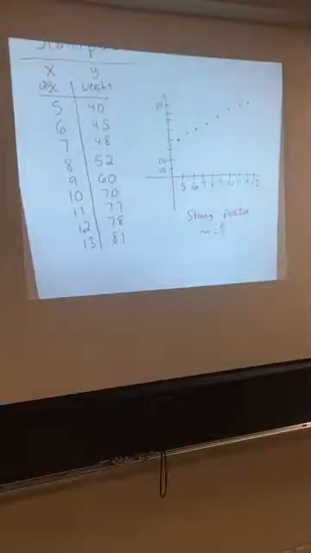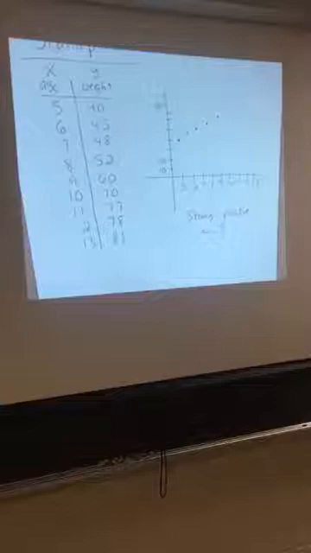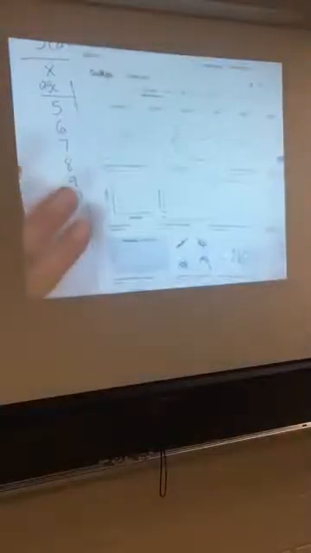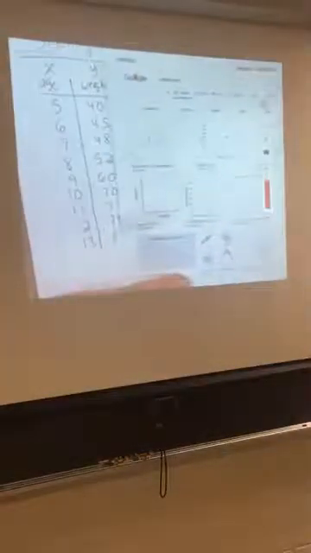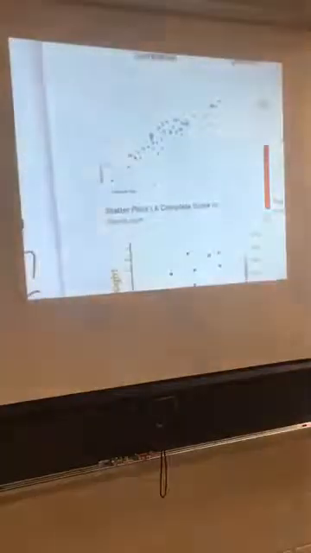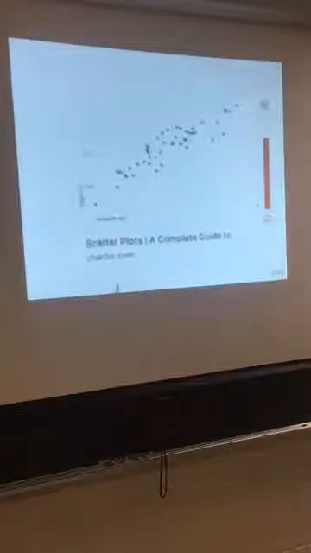Now, I went to Google, and I did a search for the word scatterplot. And I got all kinds of scatterplots here. Now, they're very, very small. I'm going to zoom in and see what I can find here. And I'm going to be looking at the screen while you're looking at the screen because this is very tiny. So let's see how good this computer zooms in. There you go.